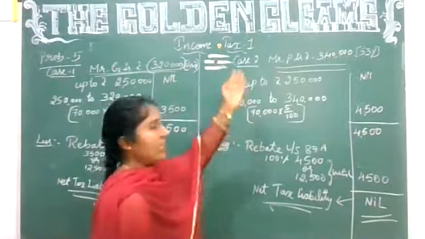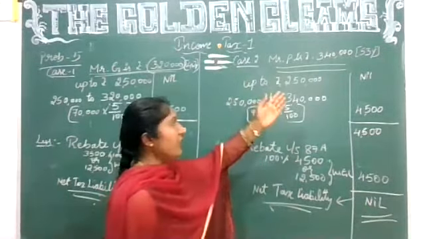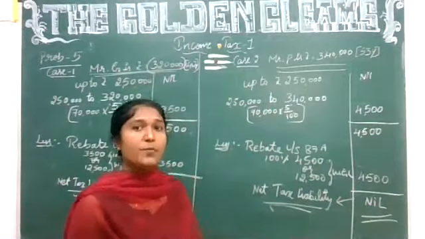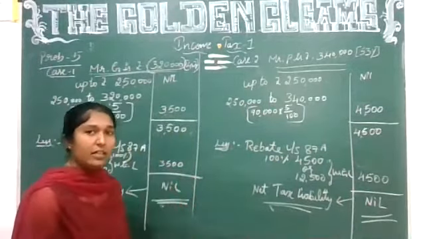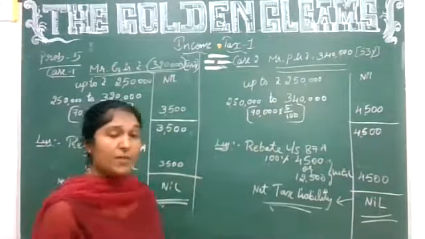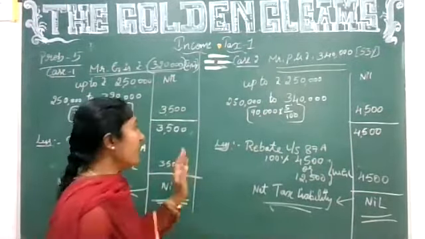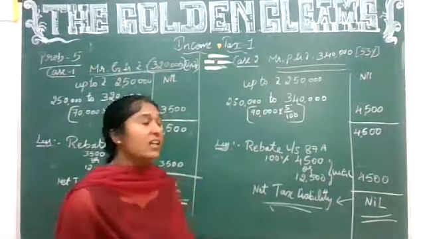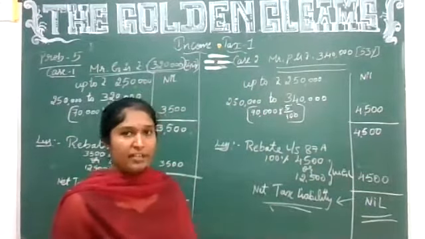The same thing in case 2 also. The total income is 3,40,000. Up to rupees 2,50,000 is nil. For 2,50,000 to 3,40,000 we calculate 5%. 90,000 into 5 divided by 100, the answer is 4,500.